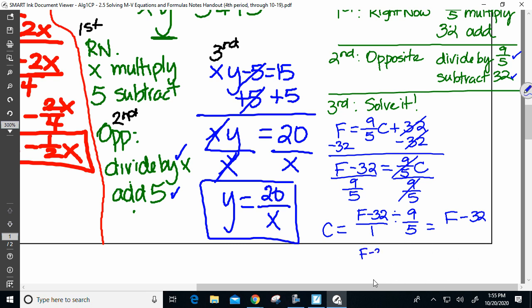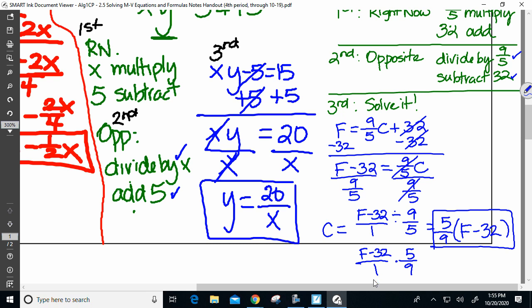I want my work to be neat. So your answer is 5 over 9 times F minus 32. I wouldn't get upset if you didn't multiply that.